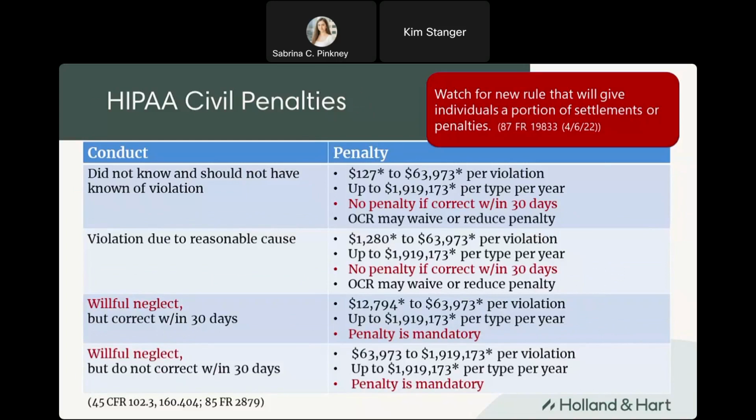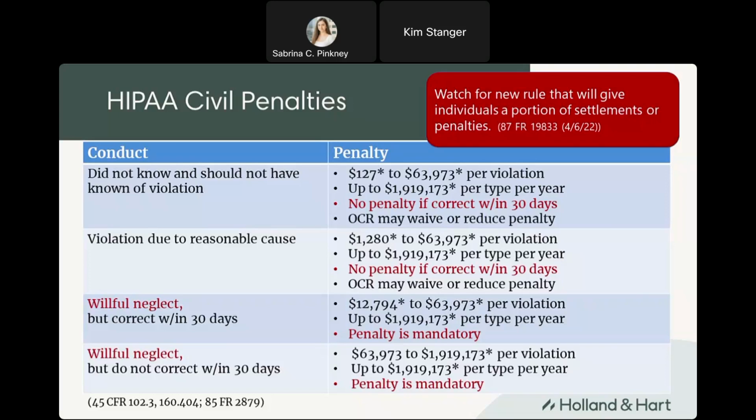At least last time I checked a couple of weeks ago, the current penalties can range from $127 up to about $64,000 per violation. And by the way, each person whose information is improperly accessed or disclosed is a separate violation. Or if you fail to implement one of the required standards, each day that you fail to do that could be a separate violation. So those penalties can add up quickly.